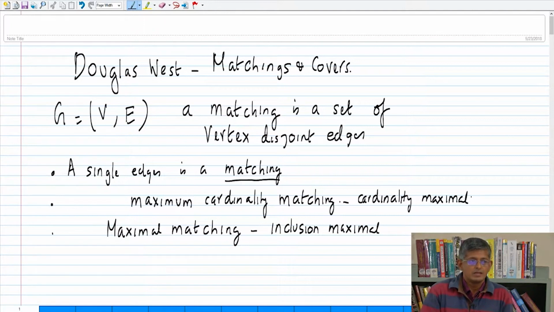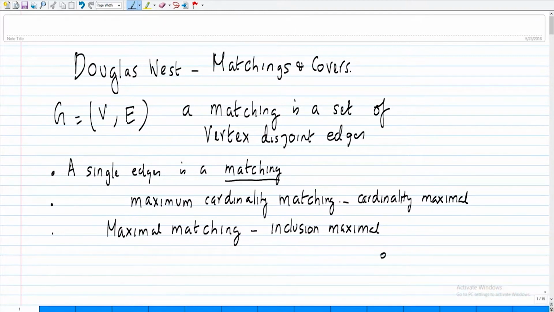Maximum with respect to cardinality means there is no matching of larger size. A maximal matching is inclusion maximal, which means that the current matching is not a subset of any other matching. So let's do a small example just to see the difference between a maximal matching and a maximum matching.